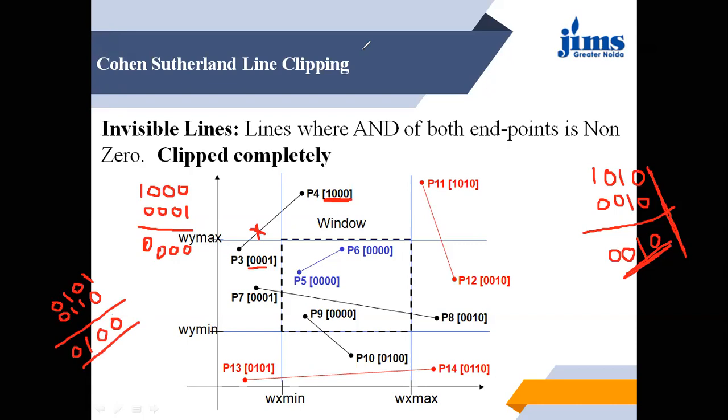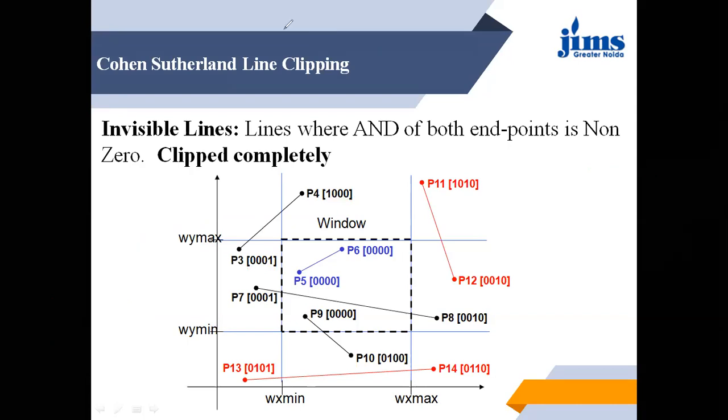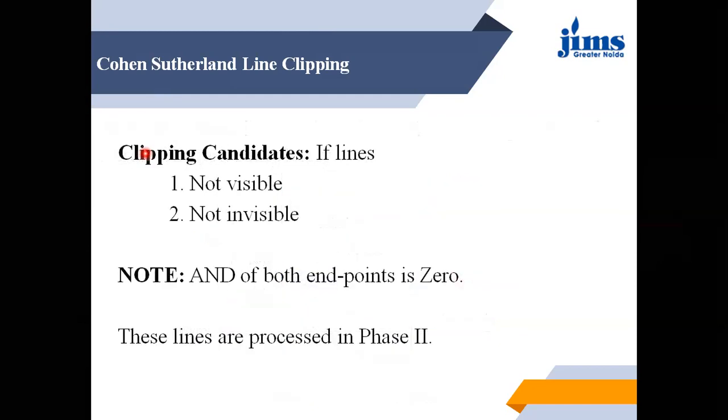So this was about the second case, that is invisibility of the line. When these two cases are not under consideration, meaning when a line does not follow these two, then we have to come to the third option. That is, first we will see if the region codes of both endpoints are 0.